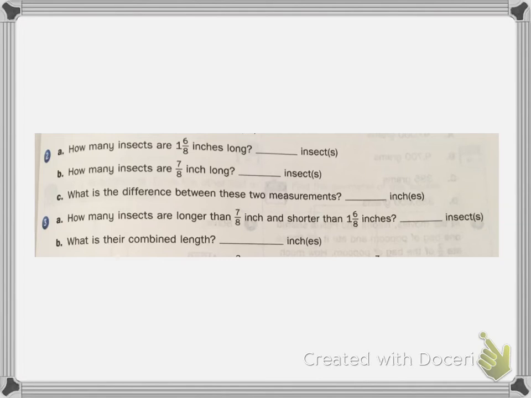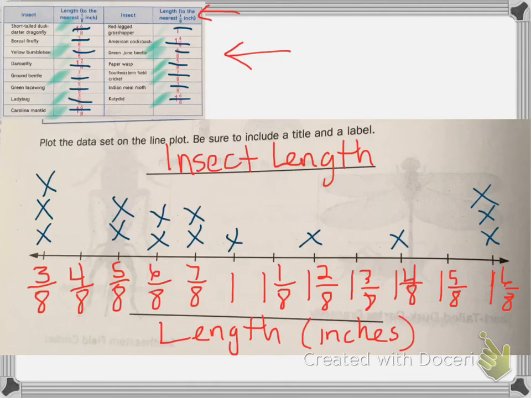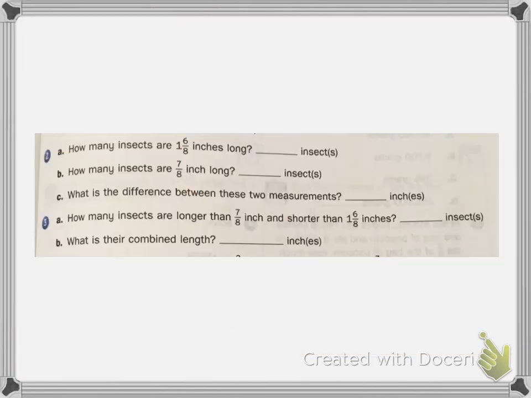I want you to pause the video, look back at your chart or your line plot on 266 and see if you can answer that. All right, when you look back here, we were looking for 1 and 6/8, which was over here. We count 1, 2, 3. There were 3 insects. So I'd go back to my answer key over here and write 3.